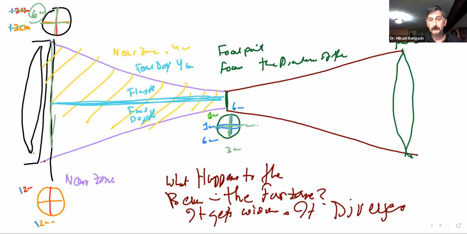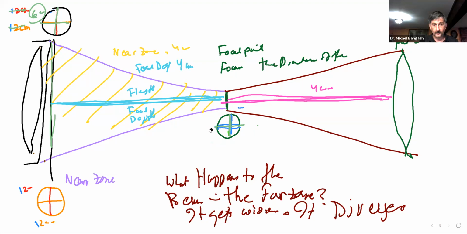But how far? If we say that this distance from the focus to the end of the far zone was also 4 centimeters. Now, to get rid of all this confusion, let's just go back and say that we have a whatever width or breadth of our beam.